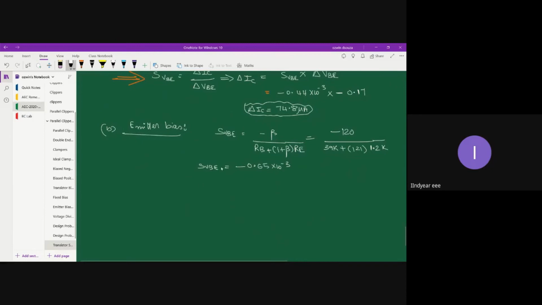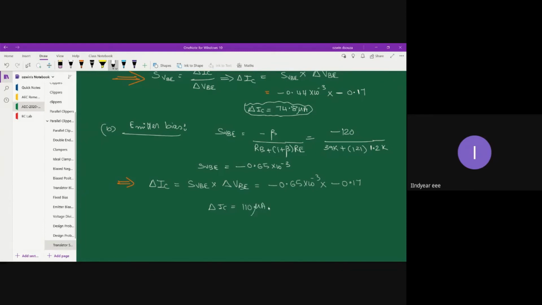Okay, so knowing SVBE will enable you to find the change in collector current IC, that is SVBE into delta VBE as discussed in the previous case. So minus 0.65 milli into minus 0.17. So delta IC, you will get it as 110 microamperes.